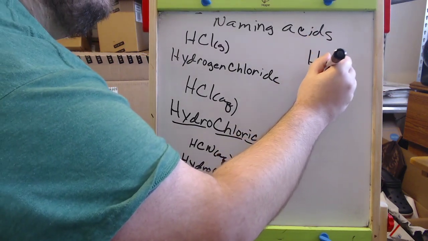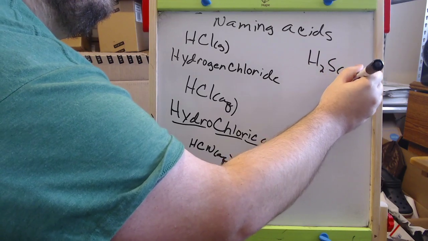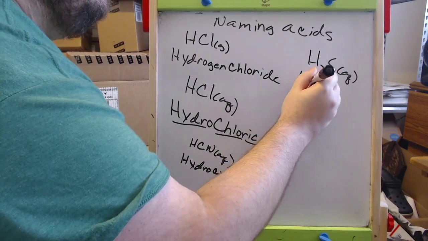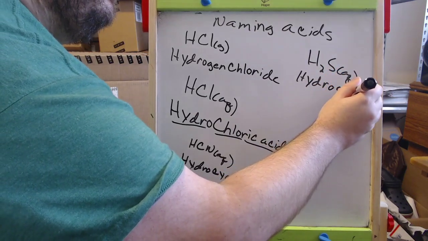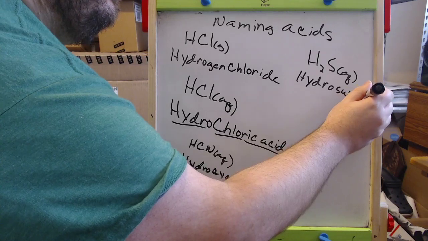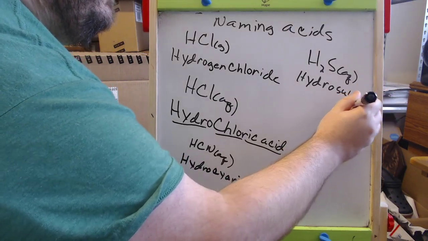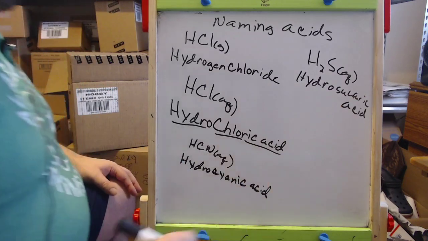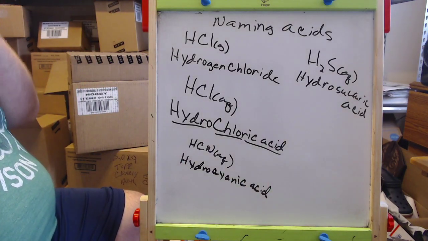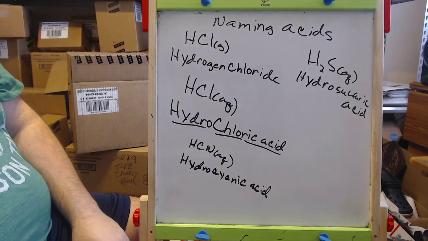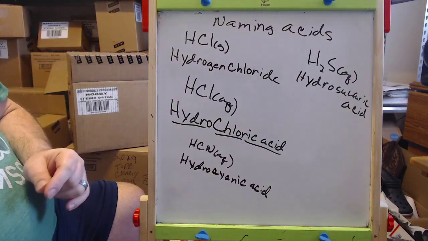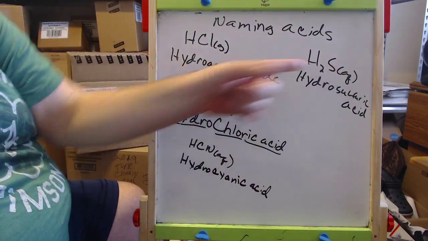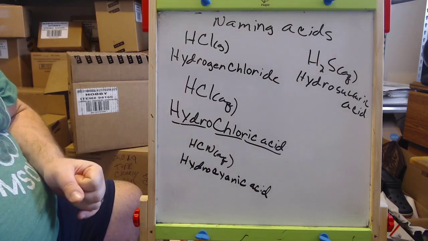H2S: hydro, sulfur, ic acid. So hydrosulfuric acid. So if I don't contain oxygen, I need the prefix hydro. First, I've got to be in water. Then I need the prefix hydro.